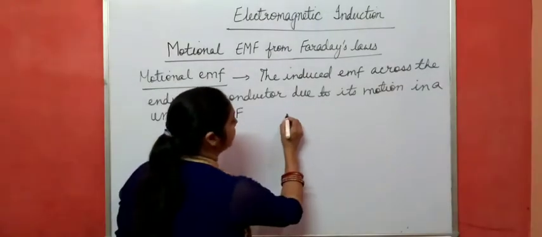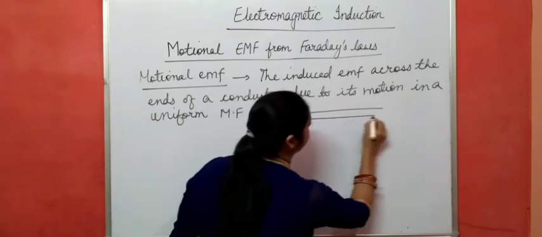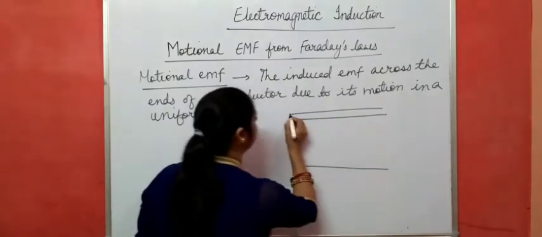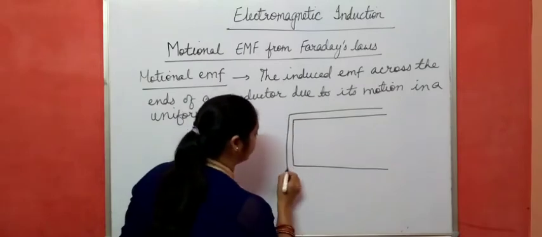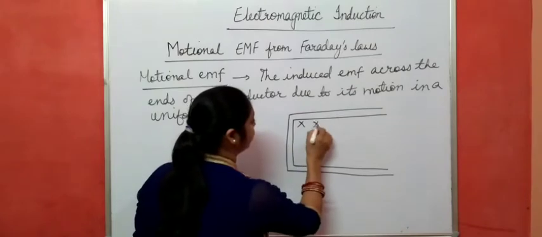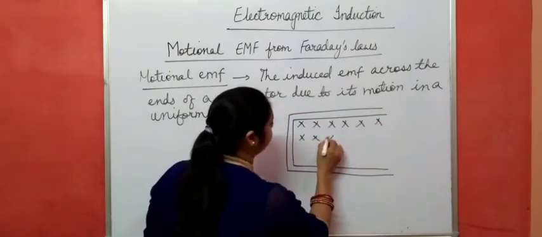For this we consider a U-shaped conducting rail, which is situated inside a uniform magnetic field.